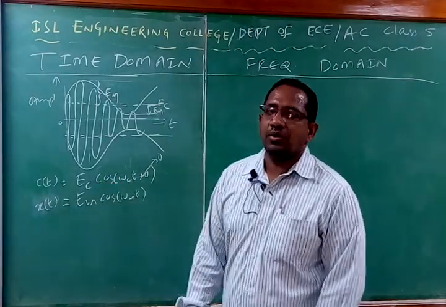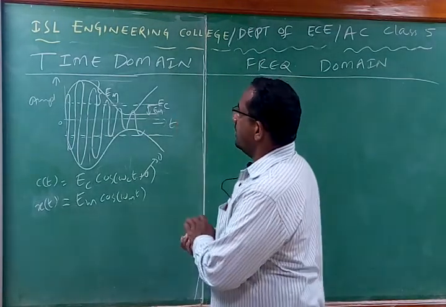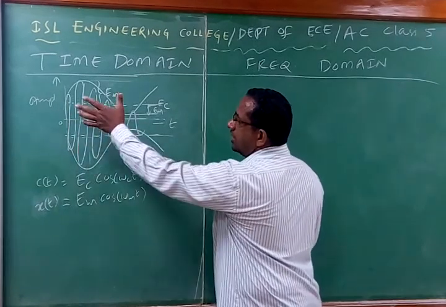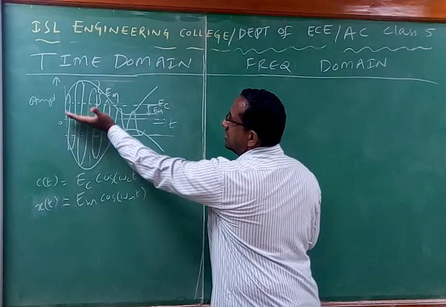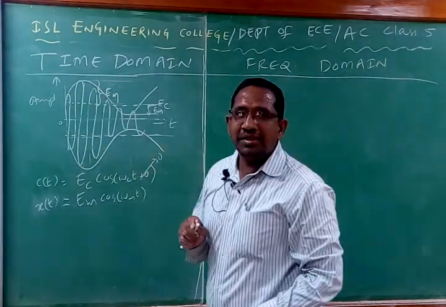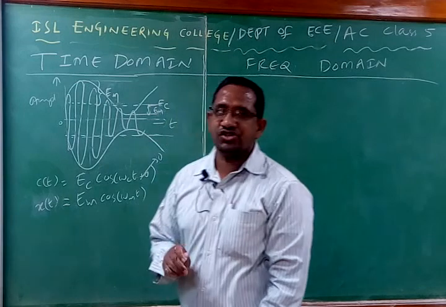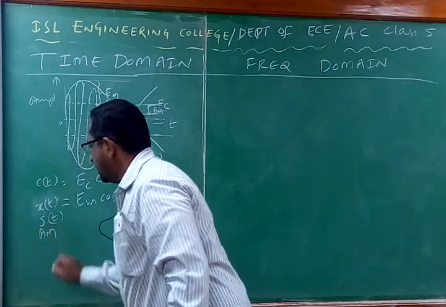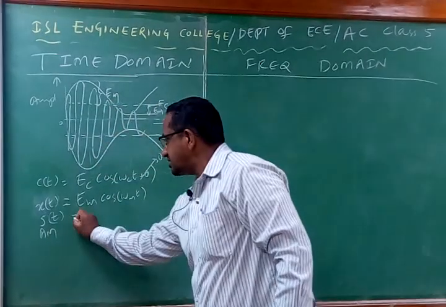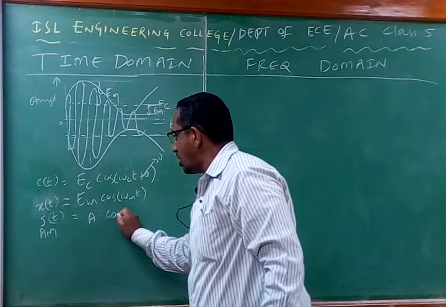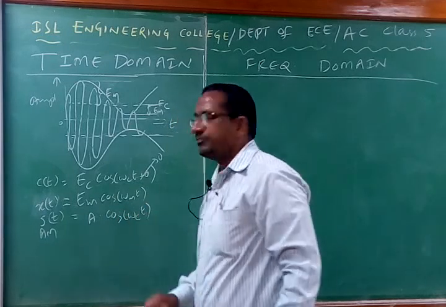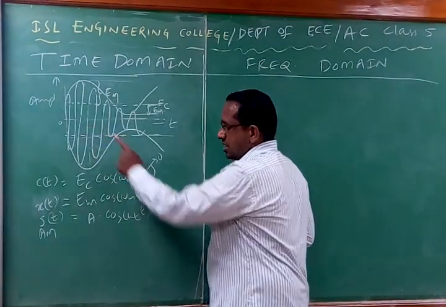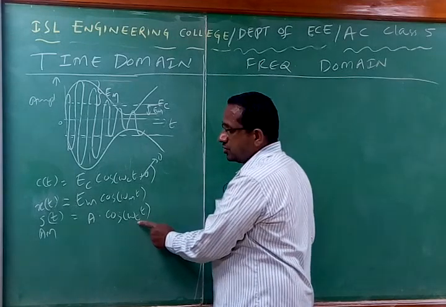Now next, after modulation, what is happening? Before modulation, what was the signal? Only the carrier was there. After modulation, the carrier signal amplitude is changing. So only the amplitude term of the carrier is changing. After modulation, I can write s of t of the AM signal as equal to some A into cos omega ct. That means the frequency of the carrier signal is not changing, that is why the frequency remains the same.